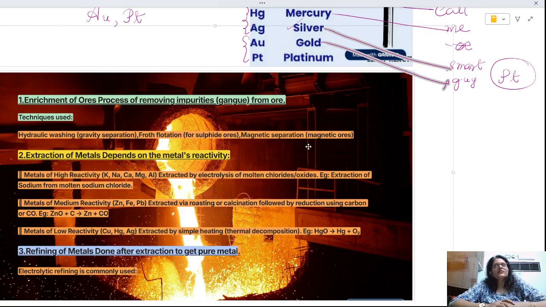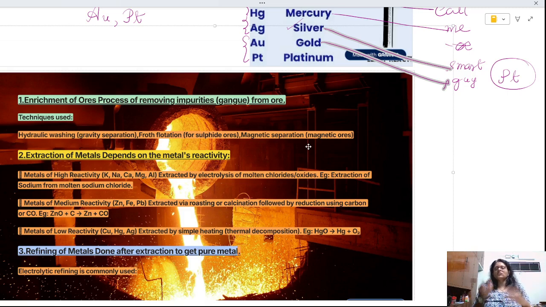Like the physical methods that we have studied, filtering. Then we used magnets. If you want to separate a magnetic substance from a non-magnetic substance, for example, if sand and iron filings are mixed, we bring a magnet near it, and the iron filings will be attached to the magnet, and thus we can easily separate them.